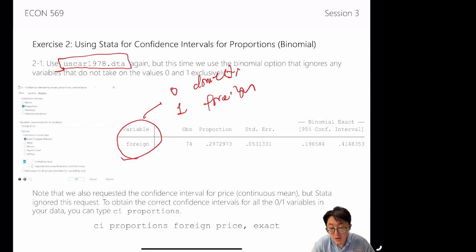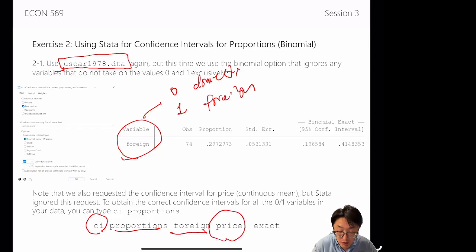So in this case, you can also simply use ci proportions with foreign and the price, and if you enter the price, then you can compare which car is more expensive, a foreign car or a domestic car, and exact. So you can do the same analysis.